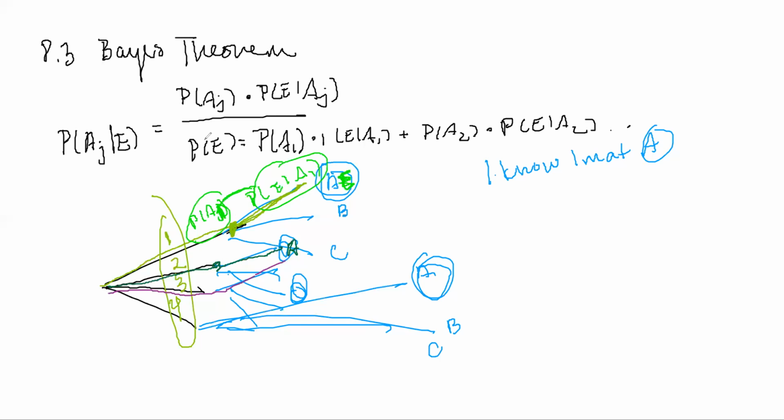we add up all of these individual things, of which there are 4 here, and then we take the one that we're looking for. For instance, I want to know if I went through path A1, and then divide it by the total.